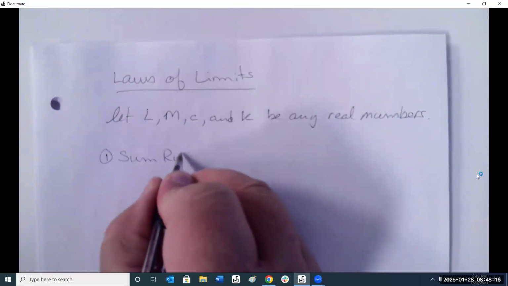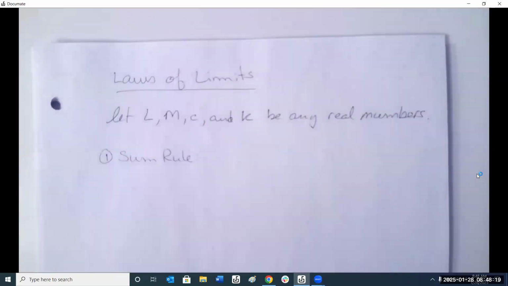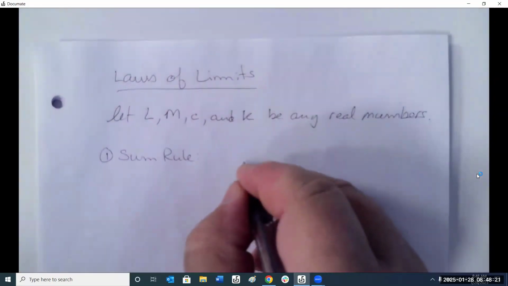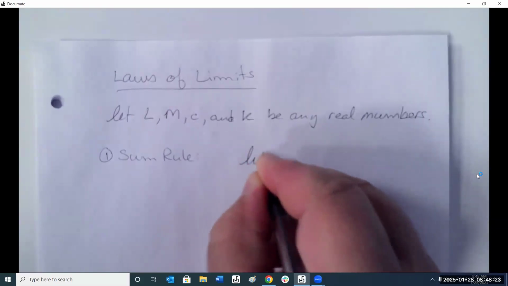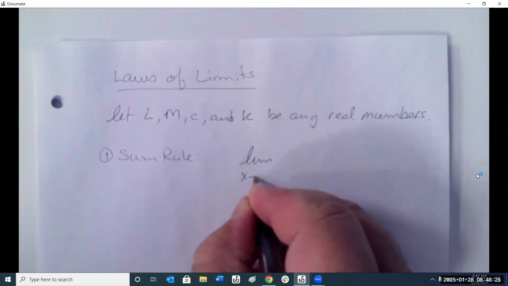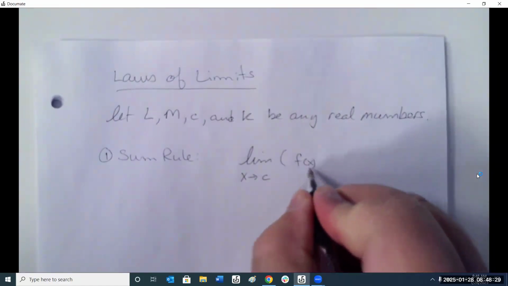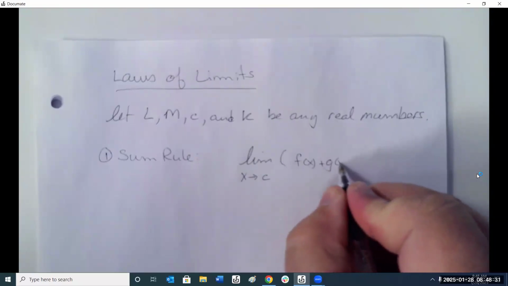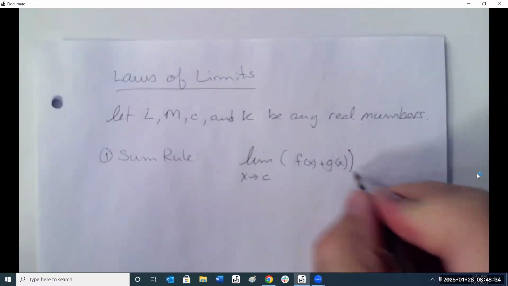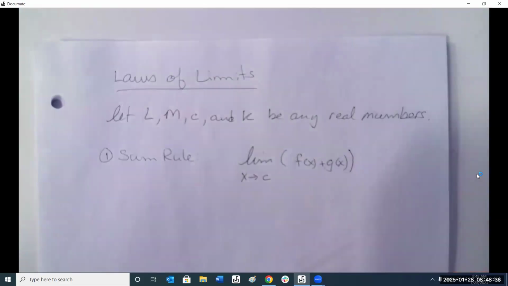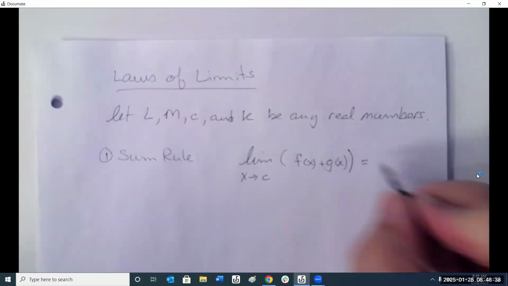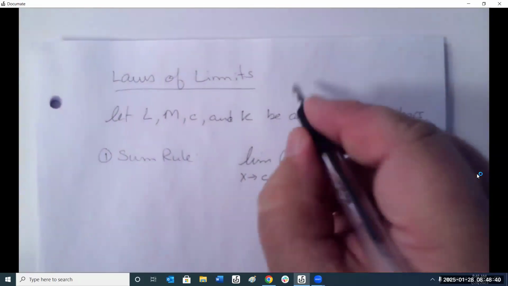So here's our first one. The sum rule. The sum rule says this. Is the limit as x approaches c of f of x plus g of x, well, let me define these also.